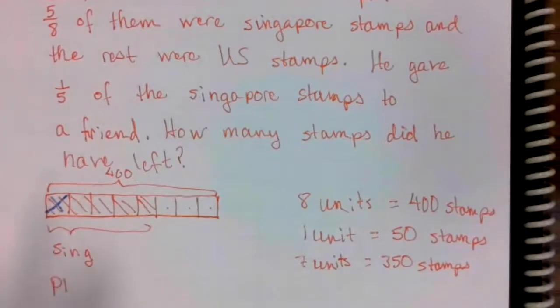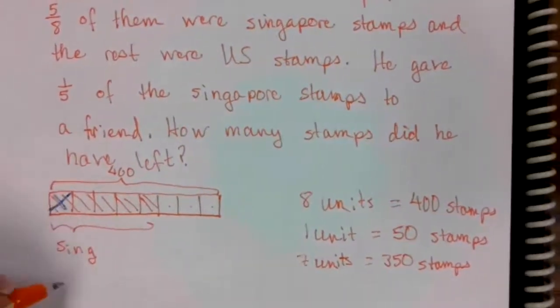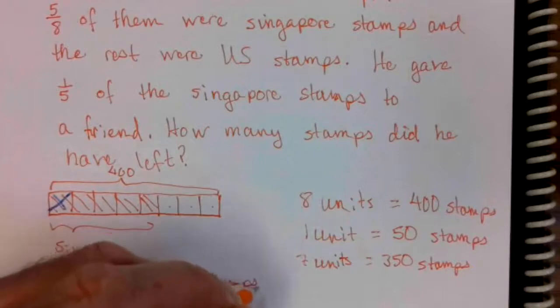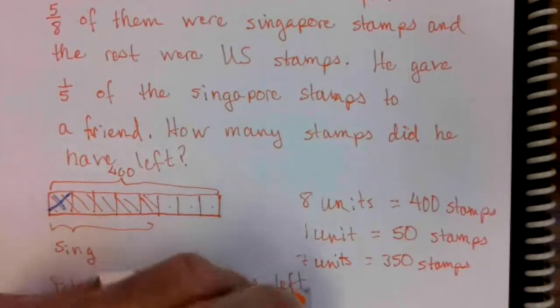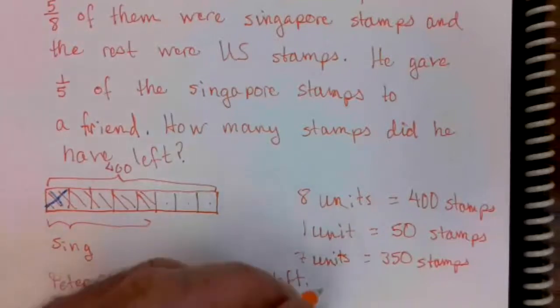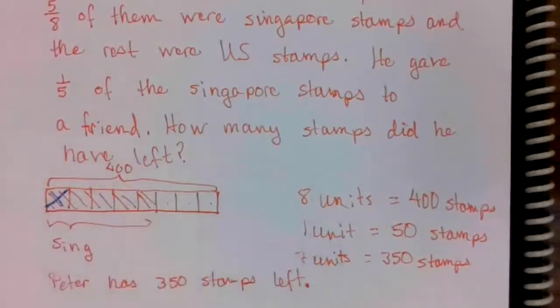So Peter has 350 stamps left. It's probably the most efficient way to do the problem.